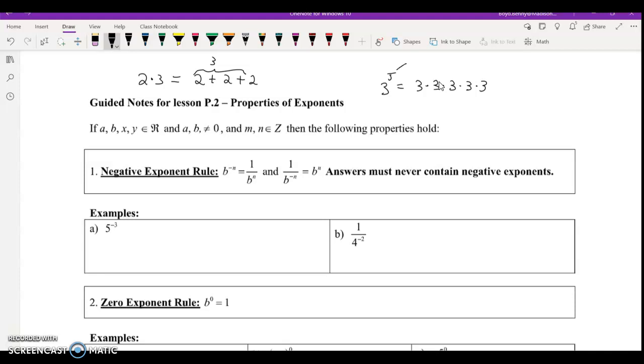We call this number up here the exponent or power, and that tells us how many times that factor is going to be repeated. This big number, or the bottom number, is called a base, and it's the factor that's repeated each time.